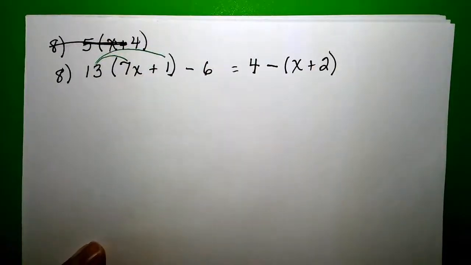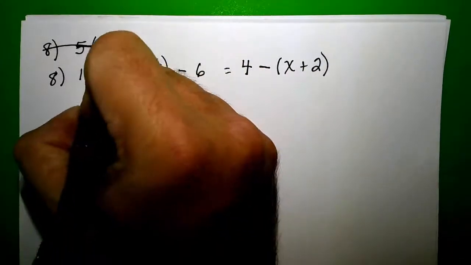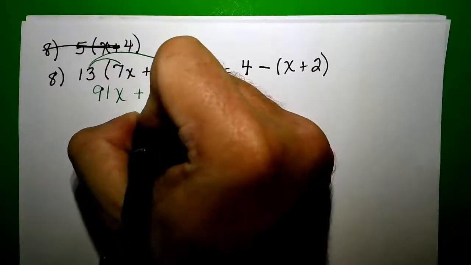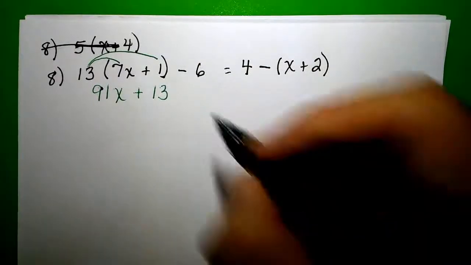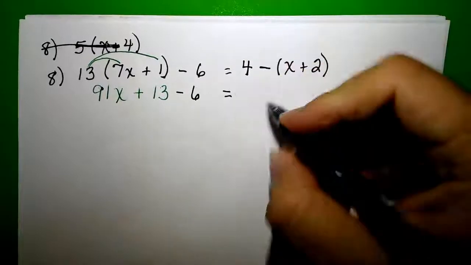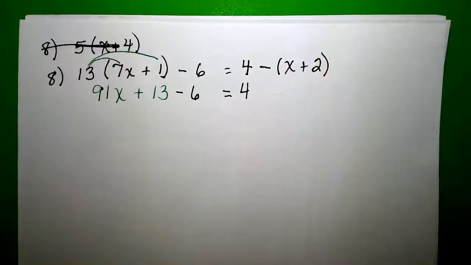Distribute the 13. 13 times 7, that would be 21 and 70. That's a 91x plus 13. Then minus 6, I'm just carrying down the minus 6, equals 4. Now be careful.